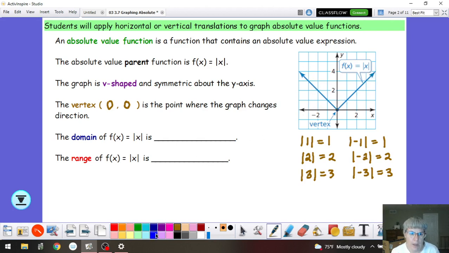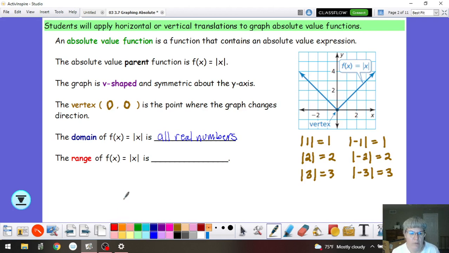The domain of an absolute value function is all real numbers, because as we can see on this graph, we have arrowheads on the ends, so this is just going to keep continuing in both directions.